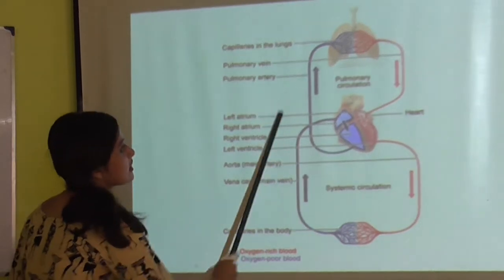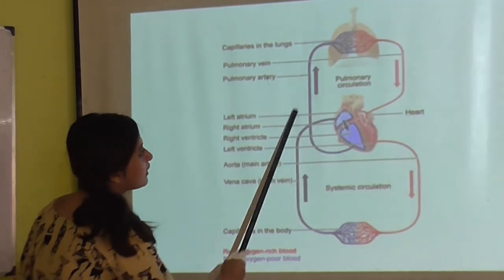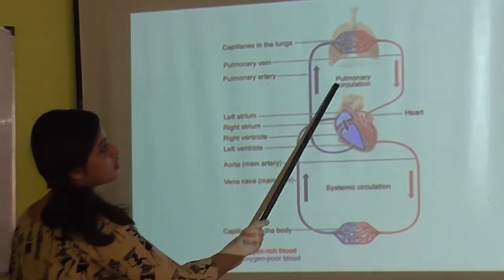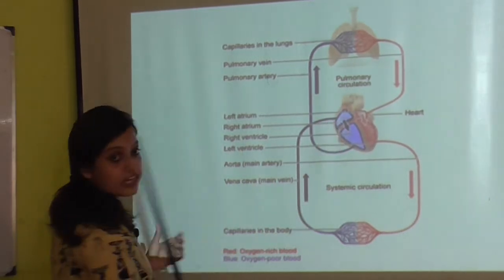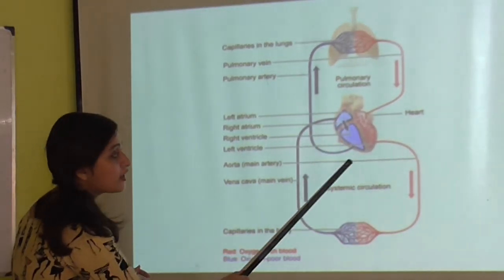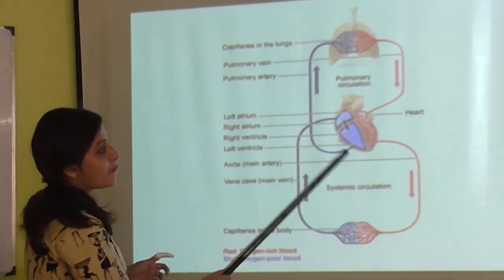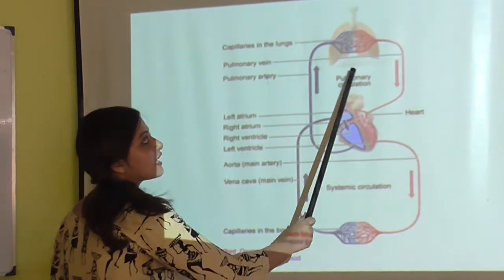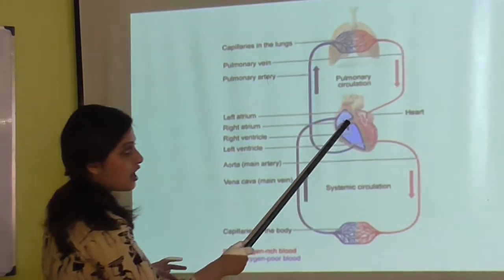This particular circulation is known as pulmonary circulation, from the heart to the lungs, then again from the lungs back to the heart.